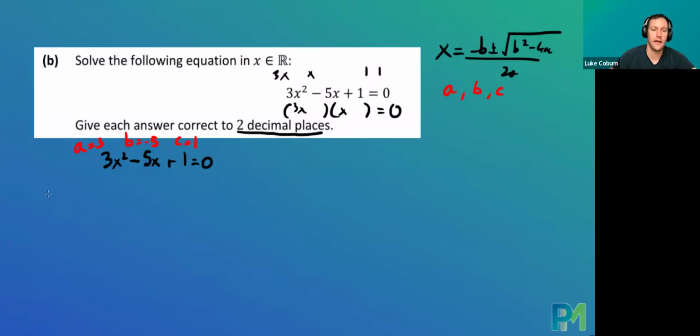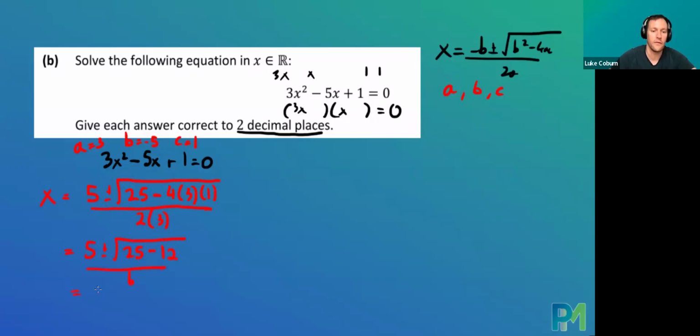And now we can write down that x is equal to minus b, which is 5, plus or minus the square root of 5 squared, like 25, minus 4 times a times c, which is 3 times 1, all over 2 times a, which is 6. This is equal to 5 plus or minus the square root of 25 minus 12, all over 6.